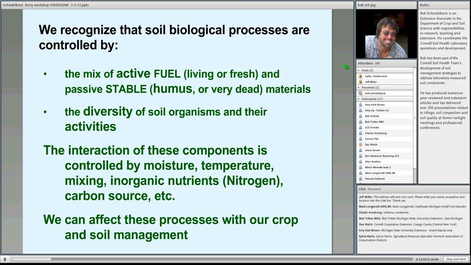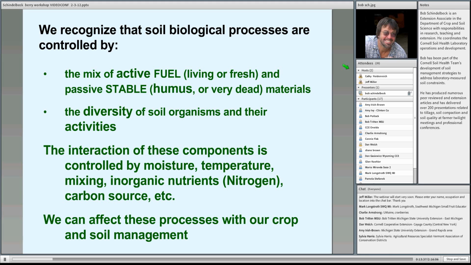Okay, so we see that these biological processes that we see in the soil are going to be affected by the type of organic matter. So how much fuel, how much living fresh material is in the source organic matter, and how much is already in a stable or passive condition, which isn't necessarily food for organisms, and is more of an inert loosening compound.